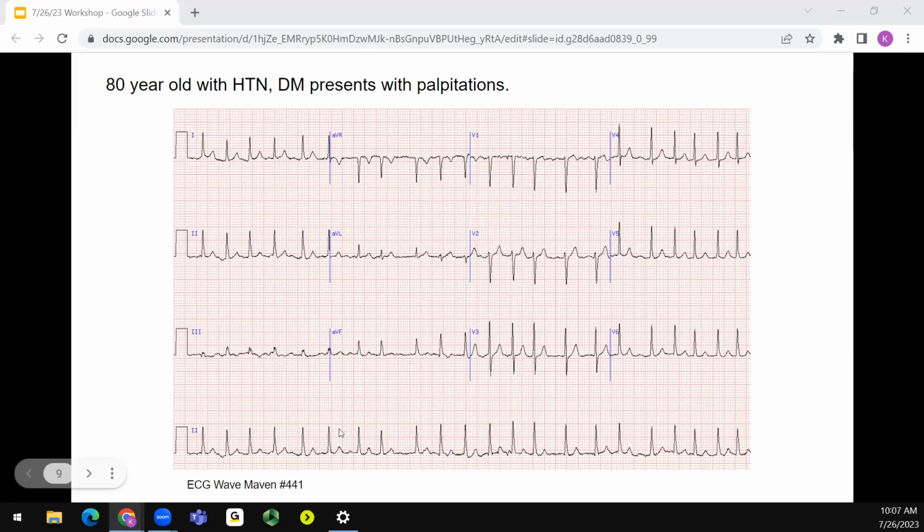What else can give you an irregular narrow complex tachycardia besides AFib? SVT is very regular. What about irregular? Yeah, you can have flutter with variable conduction, and MAT. Those are the three big ones. Multifocal atrial tachycardia.